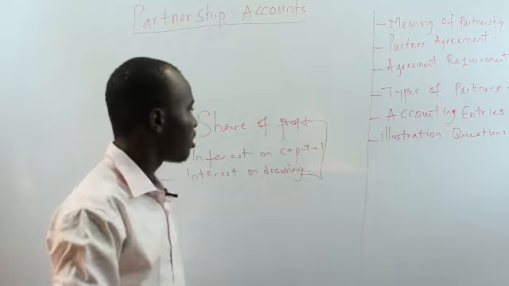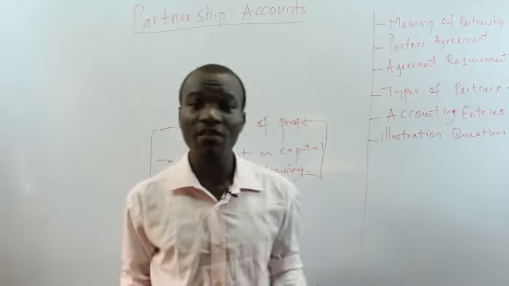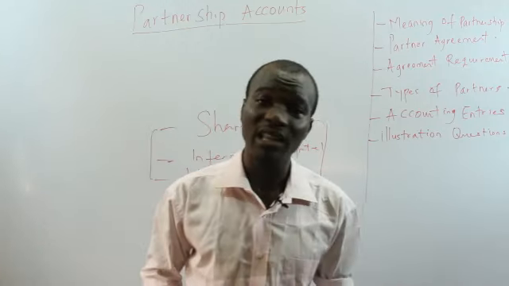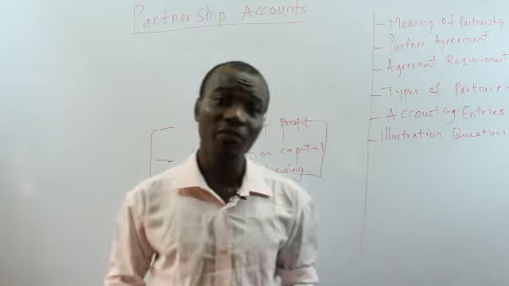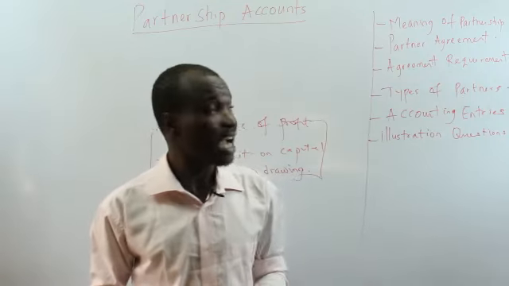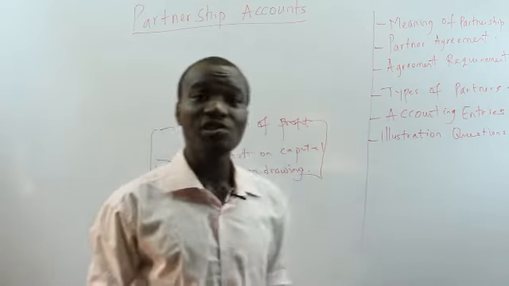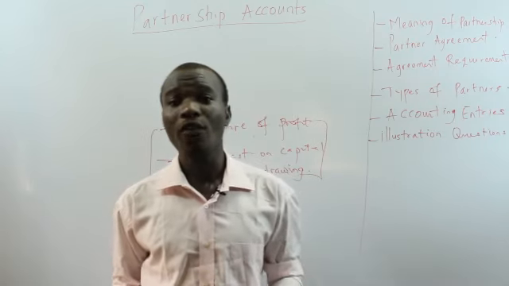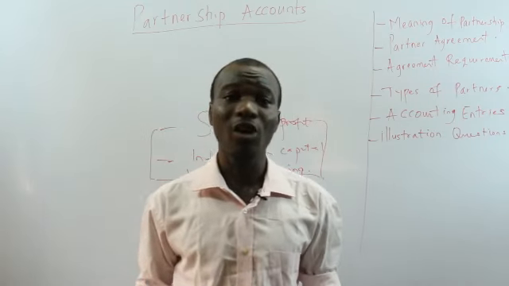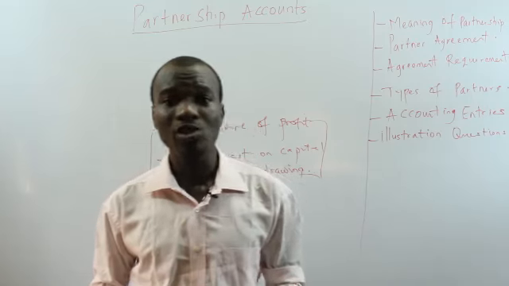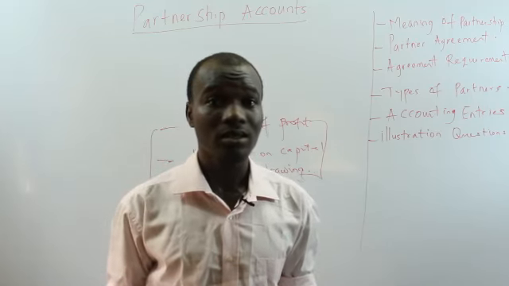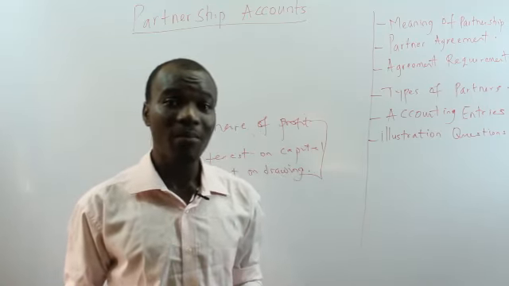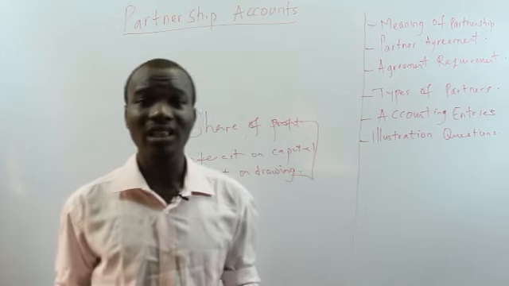Share of profit. If the profit of a business is being shared among partners, the accounting entry for share of profit is to credit the partner's current account or partner's capital account, and debit the appropriation account of the partnership.